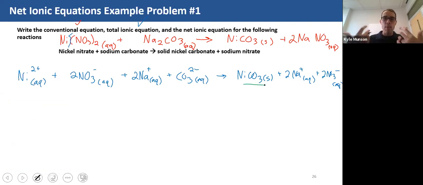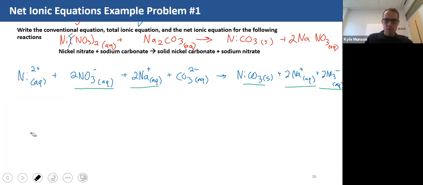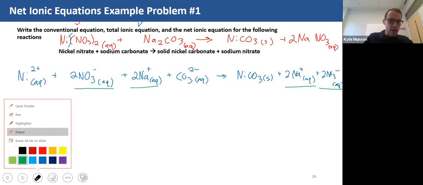Okay, well, if I want the net ionic equation, what do I do? Well, I examine and look at my spectator ions that are on either side of the equation. And I believe here we have nitrate, 2 nitrate anions on either side of the equation, and 2 sodium ions on either side of the equation. Okay, so those are my spectator ions.